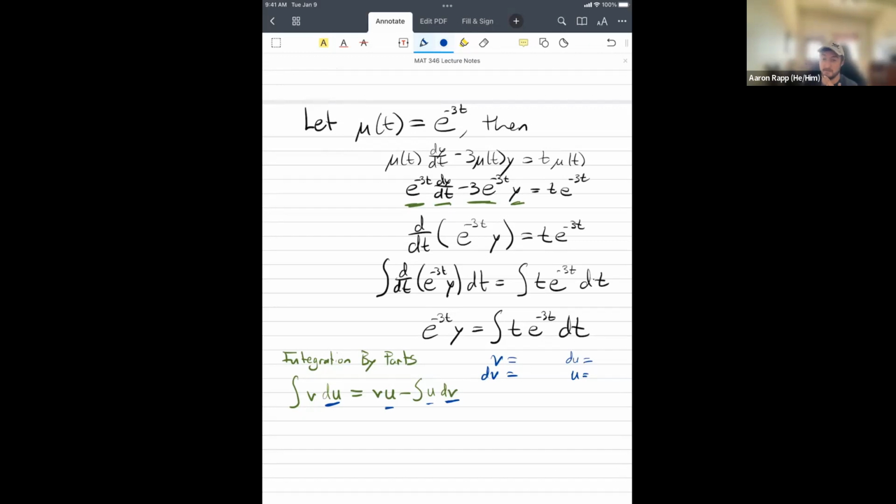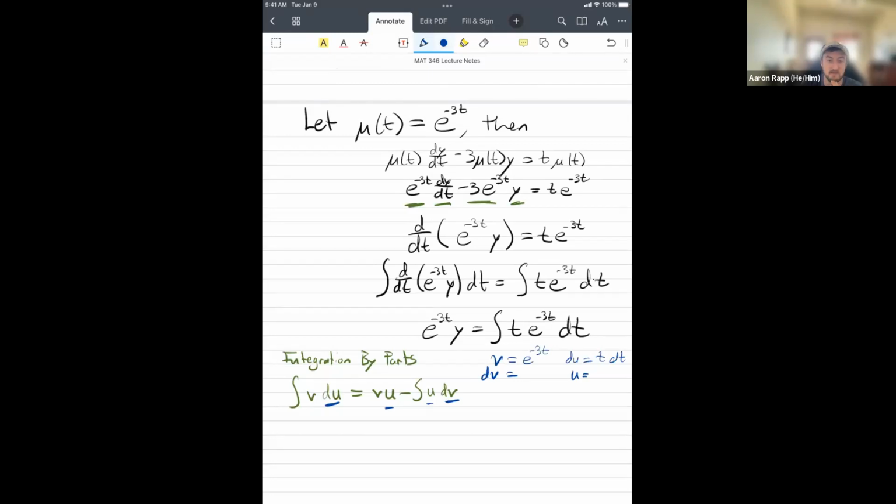There's only two scenarios, right? Make e to the negative 3t v. All right, that means du has got to be what? Well, t times the dt. The dt is what gets in there because it's part of the derivative.